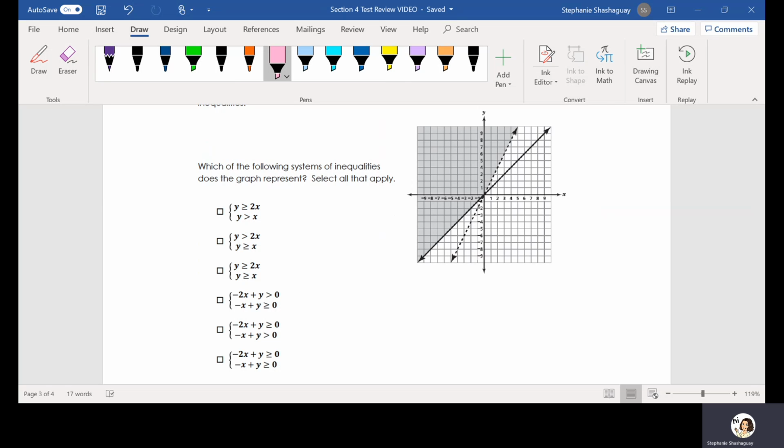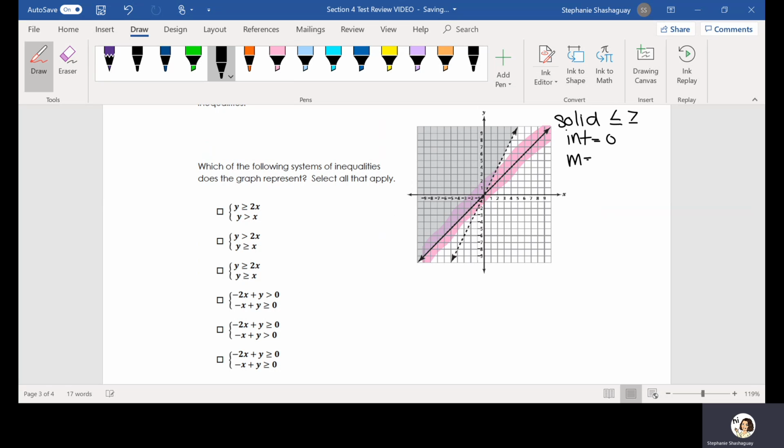Okay. So first, I'm going to look at this one. This is a solid line. So a solid line needs to have the equals. So it has to have the equals. This intercept here is equal to 0.